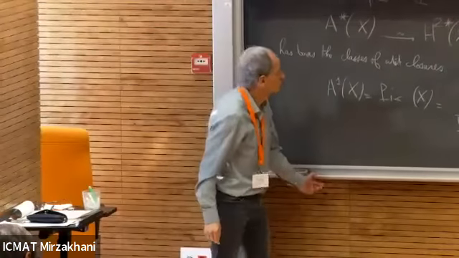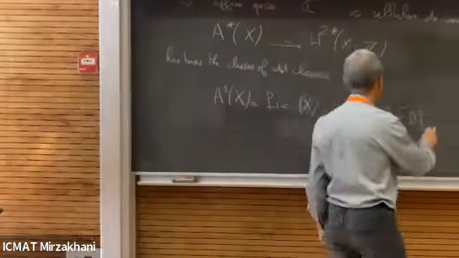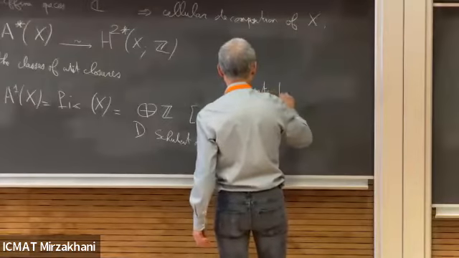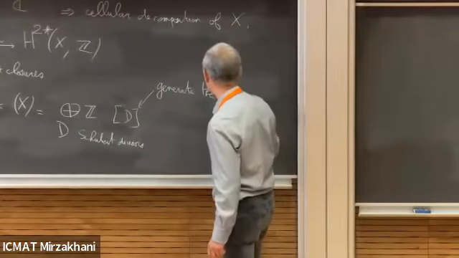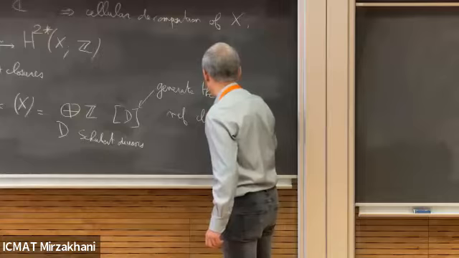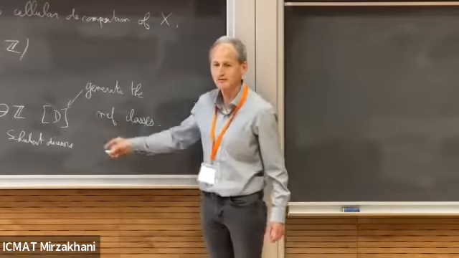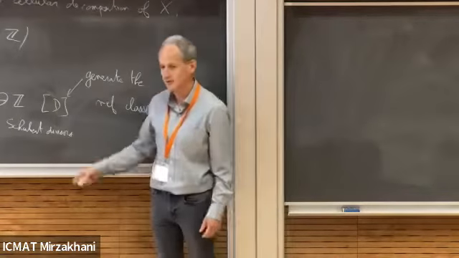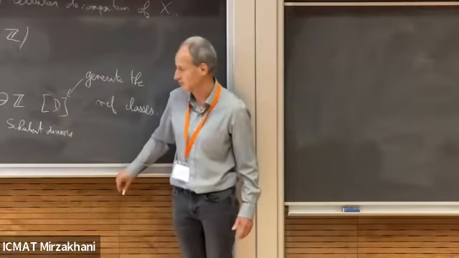These are the closures of the orbits of codimension 1. And also they generate the positive, well, I think the correct word is nef, cone. Nef means having non-negative intersection with any curve. And so the ample cone of X is the interior of the cone generated by these classes. So that's a very nice picture.